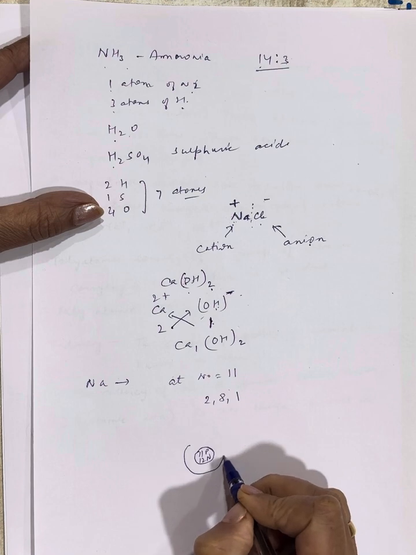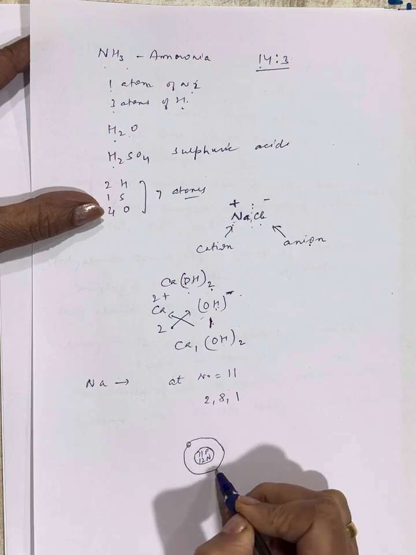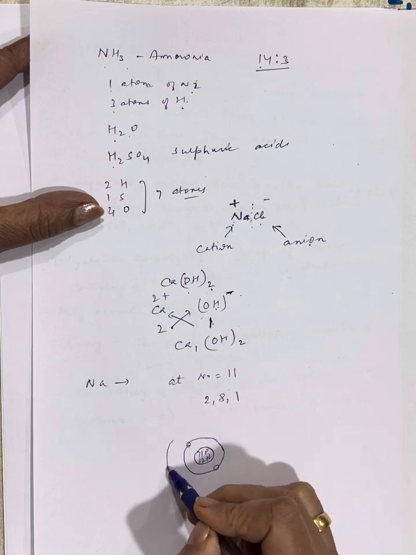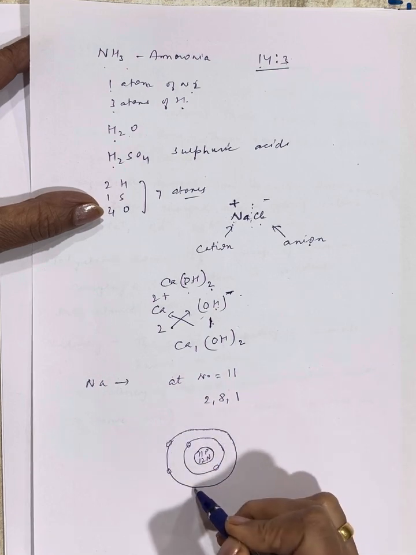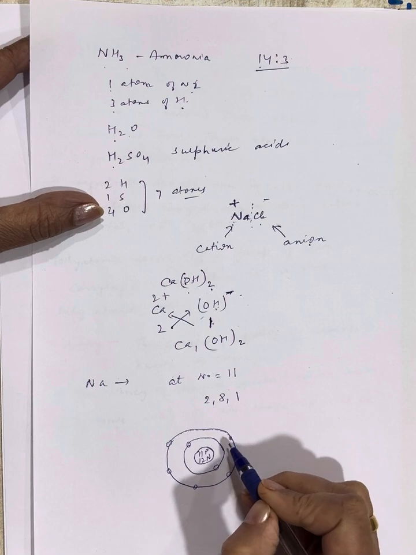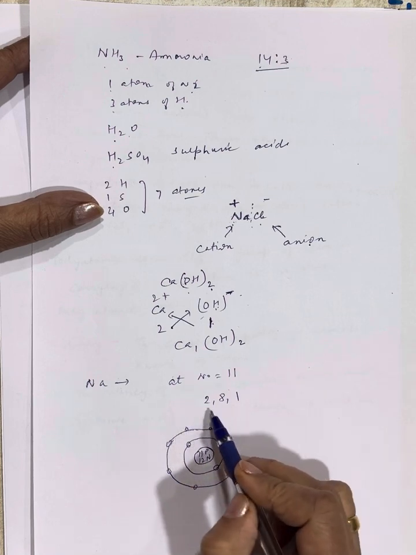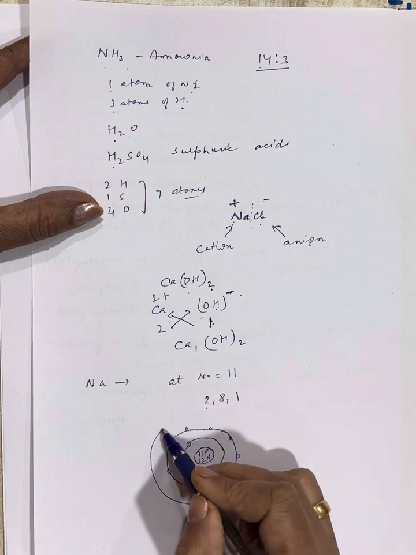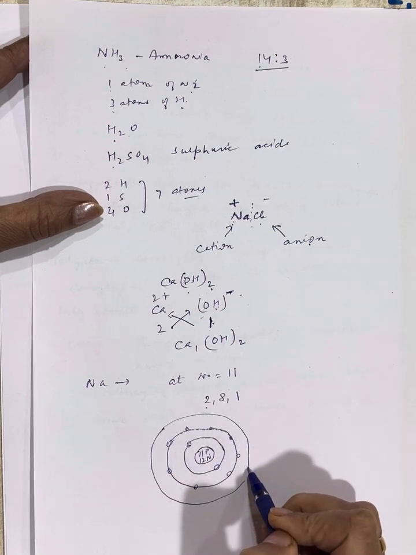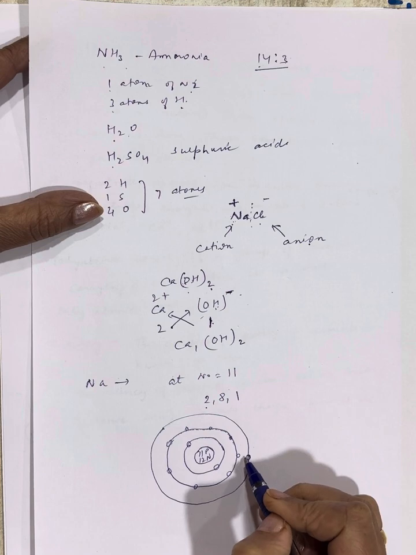In the first shell only 2 electrons can be accommodated, and in the next shell 8 electrons can come. So 2, 8 is done. Now only 1 electron is left, so it will come in the next shell. You see, in the outermost shell there is only 1 electron.